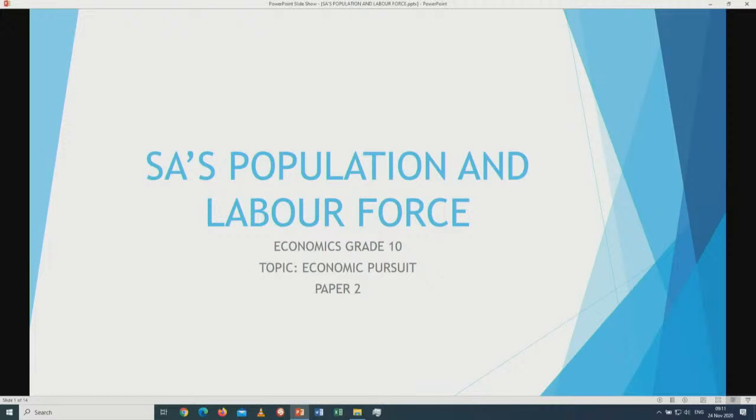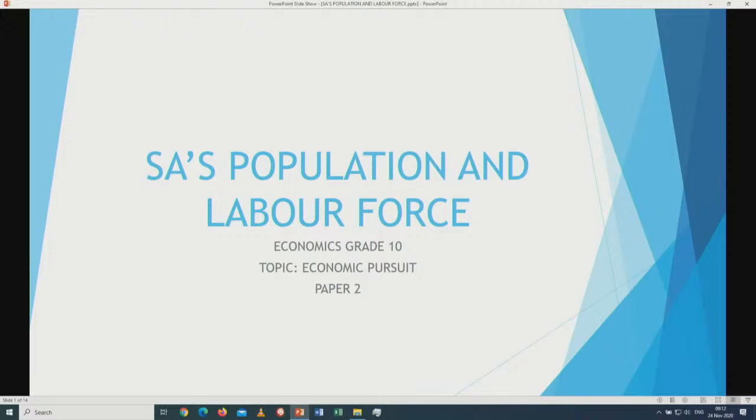Therefore, there is a directive from the Department of Basic Education that only one paper must be written for grade 10 and for grade 11. Your grade 10 paper, which will consist of all the topics, depending on what your school has covered so far, will be out of 80 marks. But it will be topics of paper 1 and paper 2 in the same paper. So that is what you can expect.